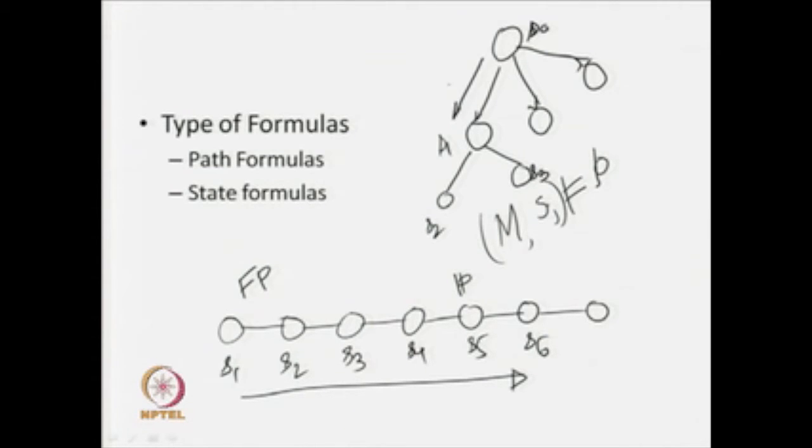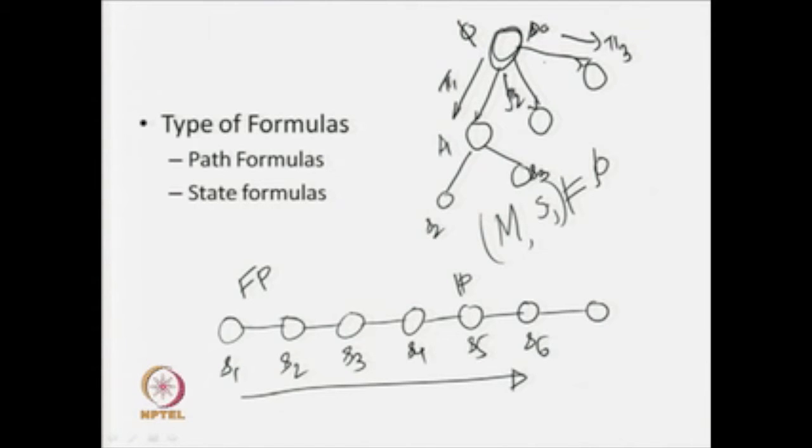Say this is path pi 1, this is path pi 2, and this is path pi 3. In that case, we have to see the nature of this temporal formula in all those possible paths, and depending on that we say the behavior of the formula phi in this particular state S0. So, in this case, it becomes a state formula.